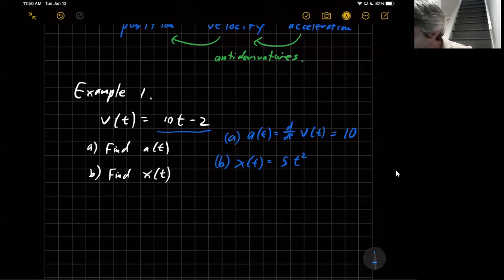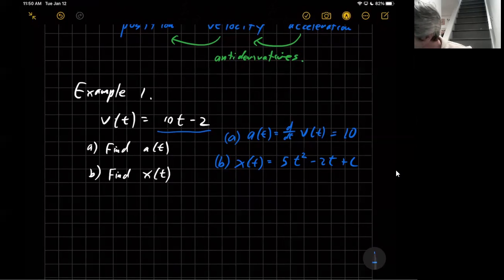If I put a 5 in front of that, the derivative of 5t squared would be 10t. Then we would have a minus 2t because the derivative of 2t is 2. And then we would have an unknown constant tacked on.